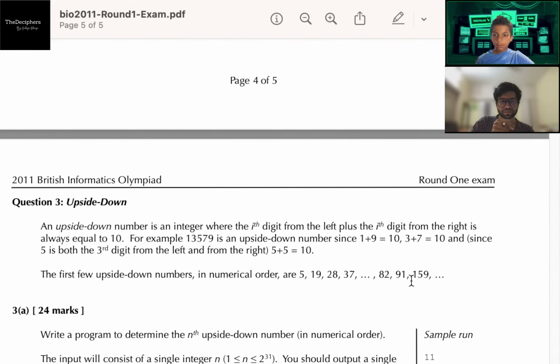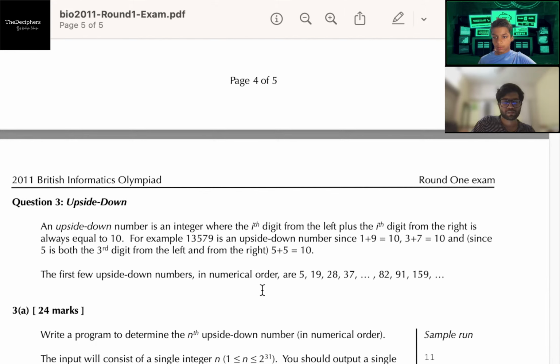So, for example, 1357 is an upside down number since 1 plus 9 is 10, 3 and 7 is 10, and since 5 is both the third digit from the left and the right, 5 plus 5 equals 10. So yes, it's an upside down number.